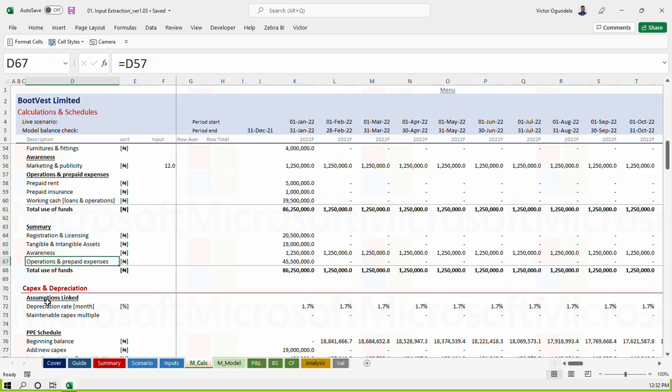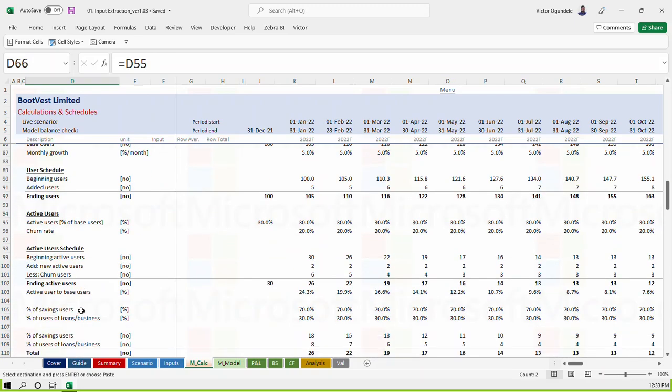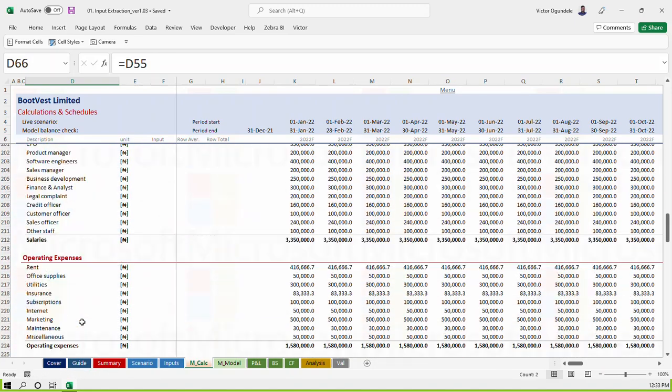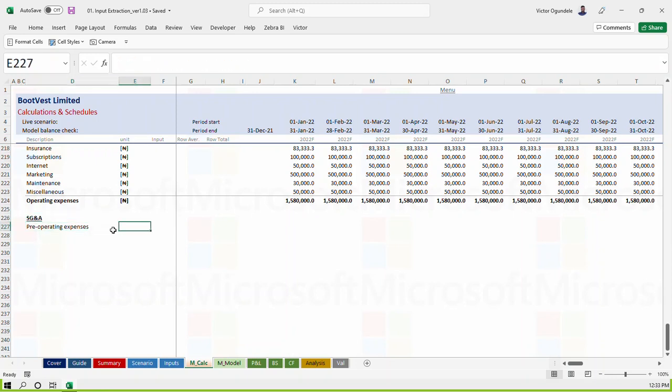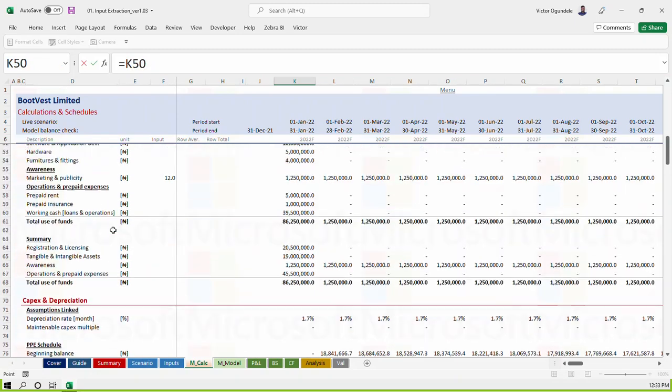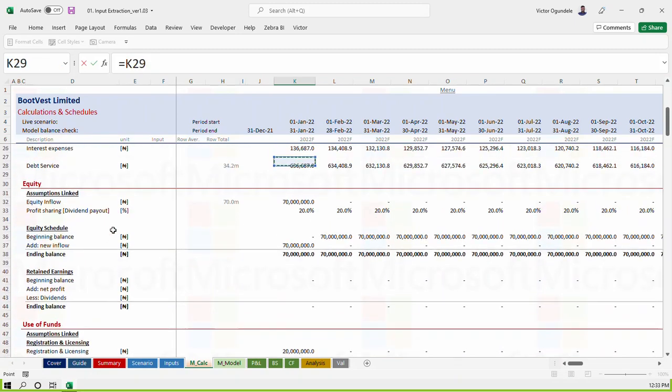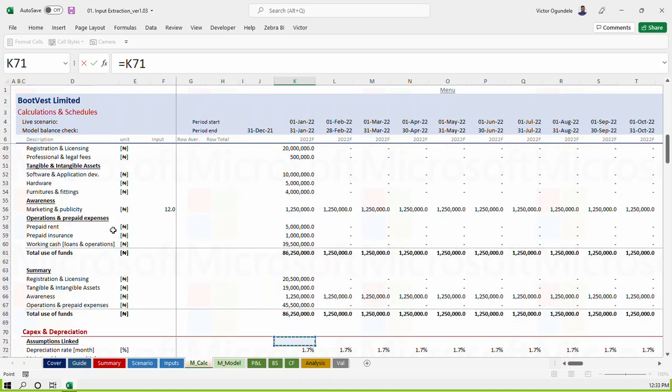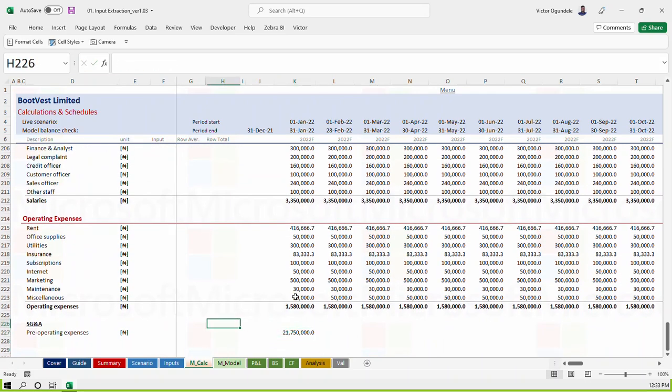The other operations and prepaid, we assume we've already listed in our operating expenses. So let me sum it together, put our currency unit, equal to, then scroll up to my use of funds. My registration plus my awareness form part of our pre-operating expenses.